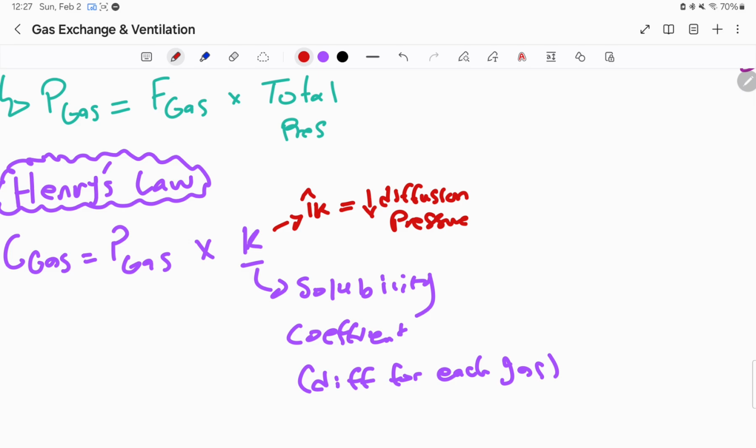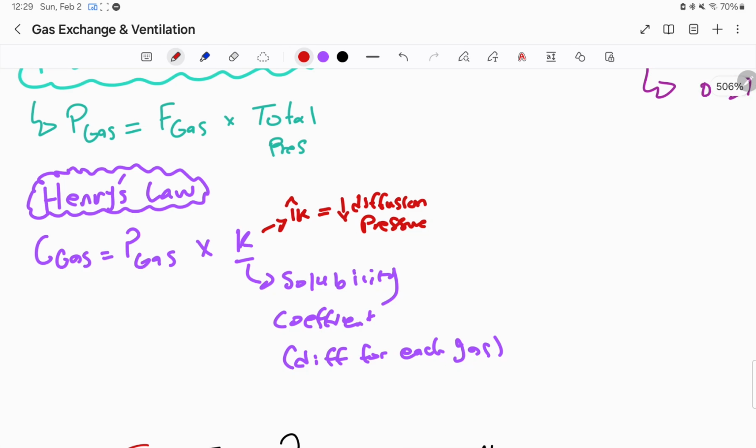Okay, so one more time. Henry's law, which, by the way, is talking about gases dissolved in a liquid, is basically saying that the amount of gas I can dissolve in a liquid, in this case the blood, is going to be proportional to the partial pressure of that gas, okay? And with something called its solubility coefficient.